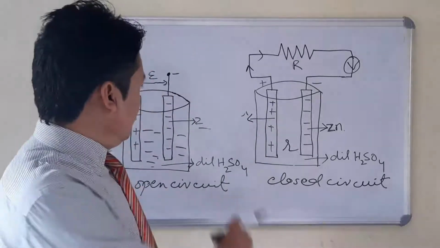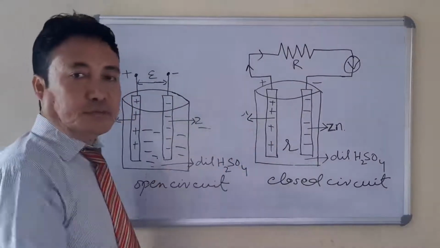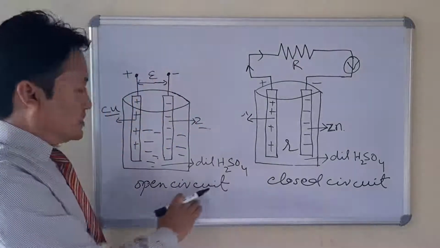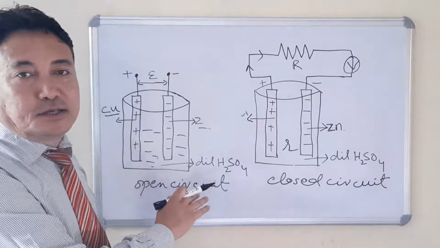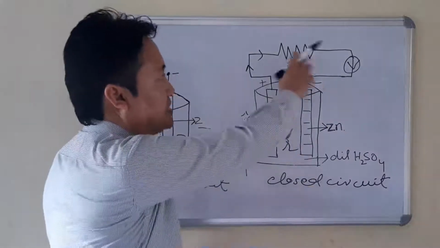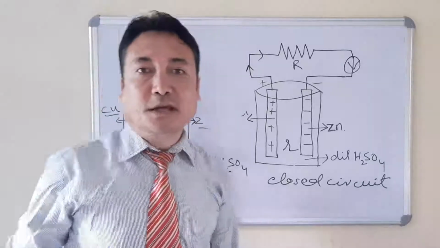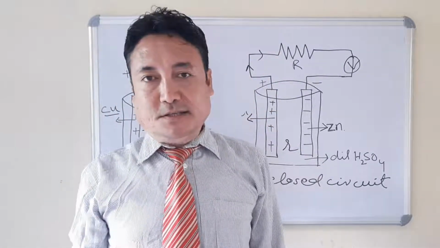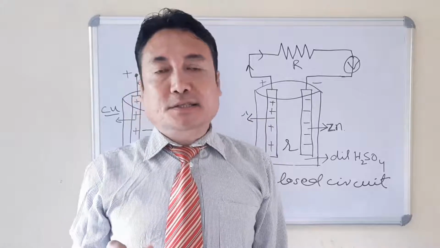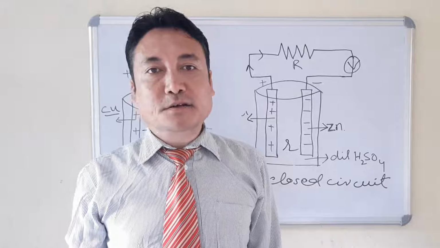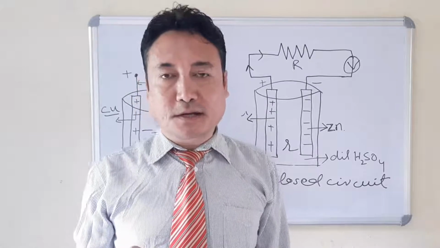Now, cell. This is the diagram of a cell. This one is the open circuit, the cell in which the external circuit is not connected, and this is a cell in which the external circuit is connected. The cell is a device which maintains the necessary potential difference for the continuous flow of electric current.